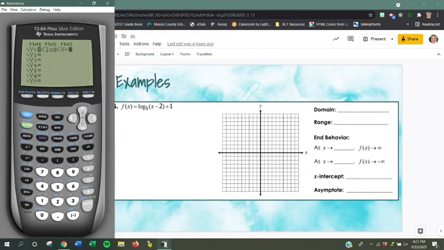So remember we did the change of base formula last week, or in the last lesson, to be able to convert logarithms so that we could type them in the calculator. So log base 5 of x minus 2 is the same as log of x minus 2 divided by log of 5.